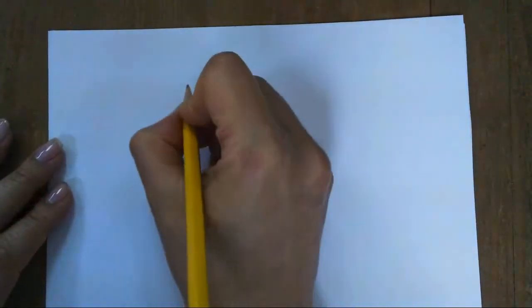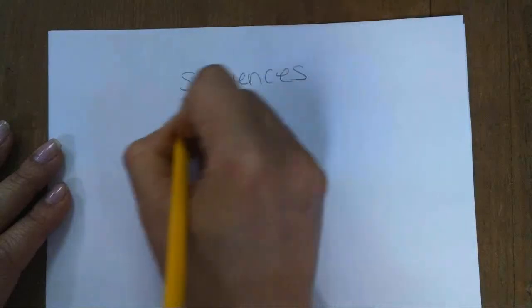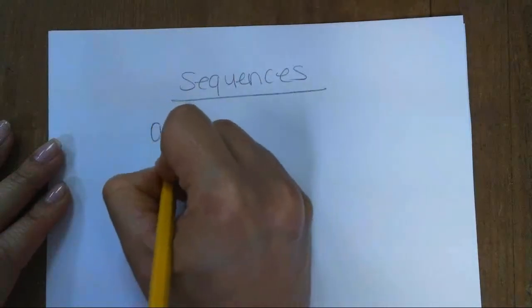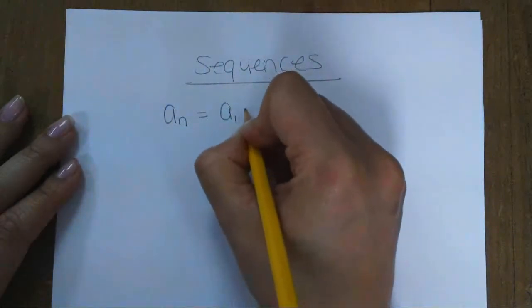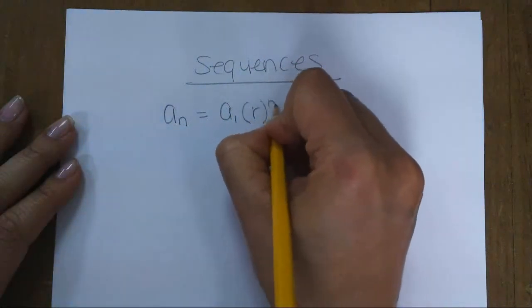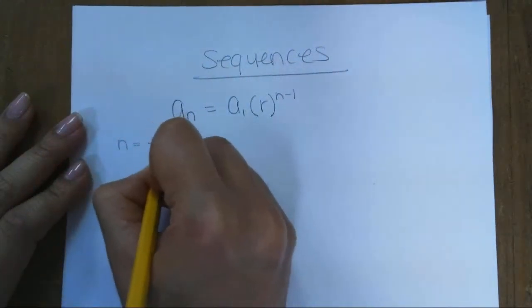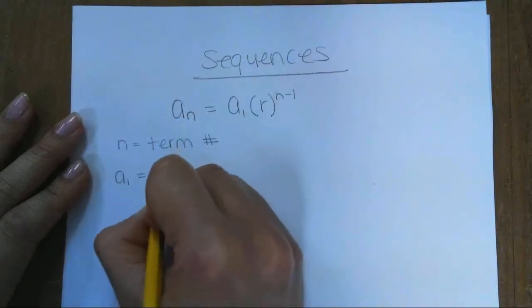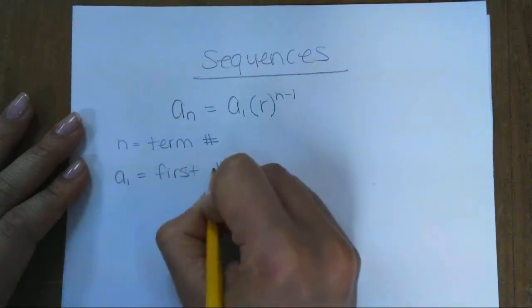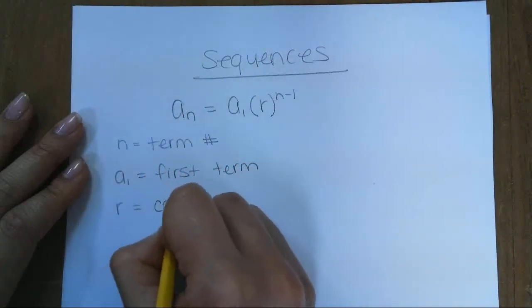So for the subscript formula for sequences, we have a sub n is equal to a sub 1 times r to the n minus 1. So remember, n is your term number, a sub 1 is your first term, and r is your common ratio.